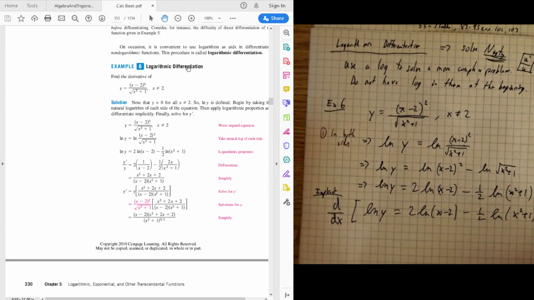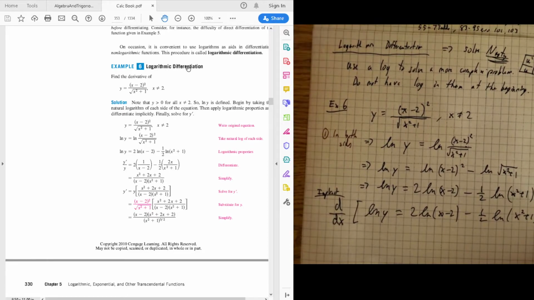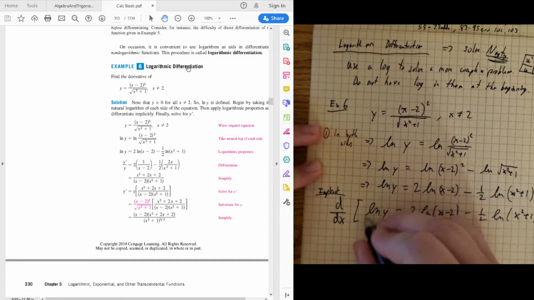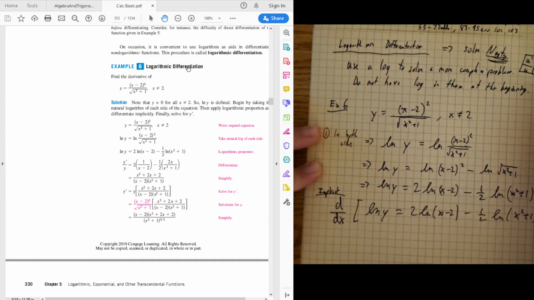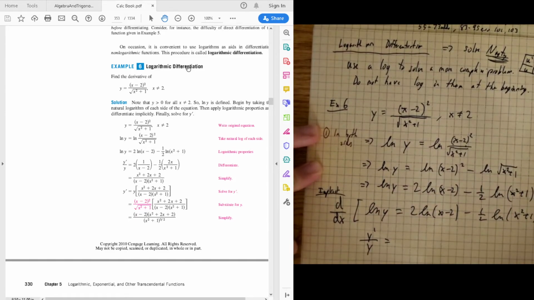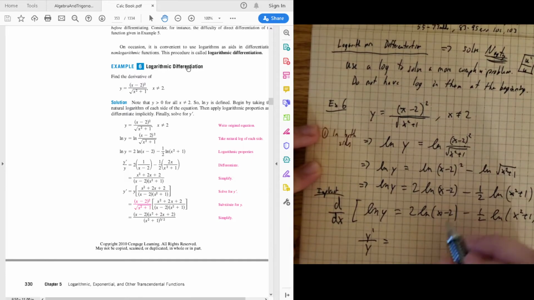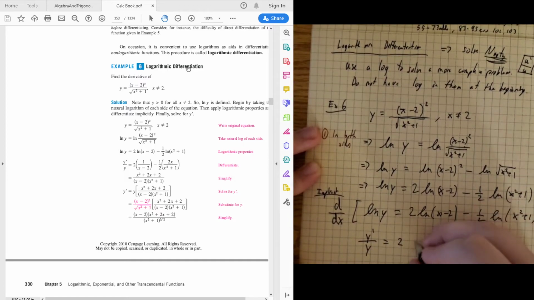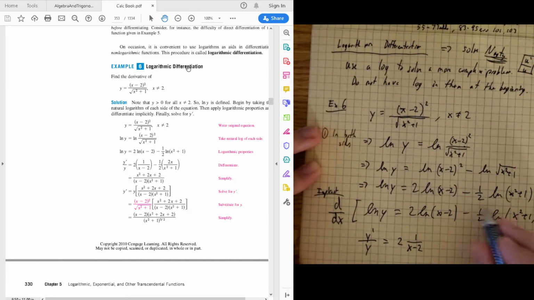So we have to take the derivative of this left-hand side by the same rules and properties we do with the right-hand side. So let's do that. If I use ln of y, I would use u prime over u. So this would become y prime over y. On the right-hand side, the 2 doesn't do much, but the ln becomes 1 over x minus 2. The minus 1/2 doesn't do much.